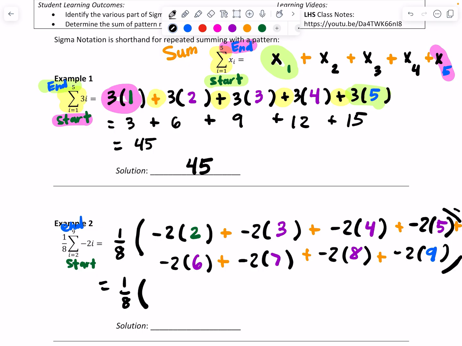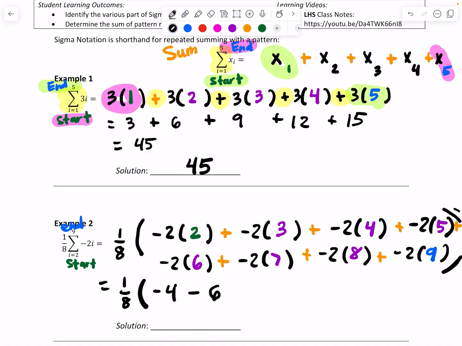Okay, now when I'm adding a negative 2, if you wanted to, you could have just written negative 2 times 2, minus 2 times 3, minus 2 times 4. It would have been totally fine. I just put the pluses in to remind you that we are adding. Adding a negative number is kind of like subtracting. So negative 2 times 2 would be negative 4. Negative 2 times 3 is negative 6.